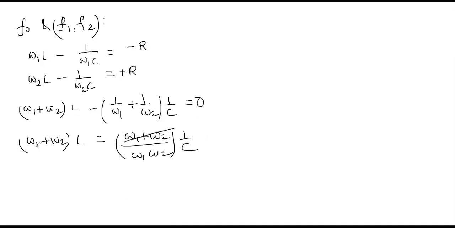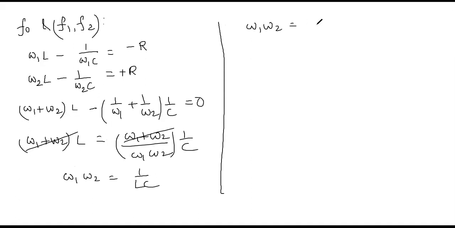So omega 1 plus omega 2 will get cancelled. In that case, omega 1 omega 2 equals 1 by LC. Now omega 1 omega 2 equals (1 by root LC) whole square, and 1 by root LC is omega naught, so omega naught whole square. Now resonant frequency is equal to the square root of omega 1 omega 2.